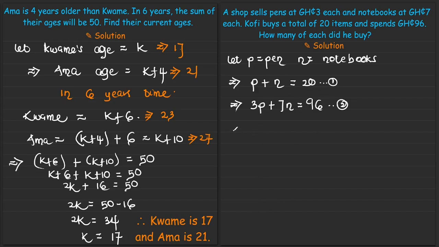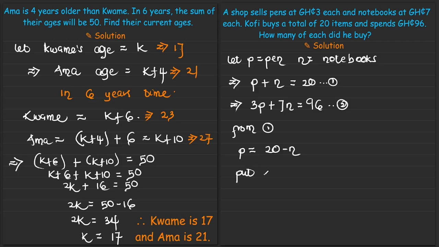So from equation 1, making P the subject, we would have P being equal to what? 20 minus N. That is, if N goes to the right hand side, we have P alone here, which becomes 20 minus N.